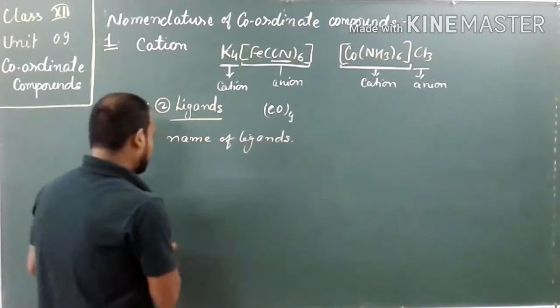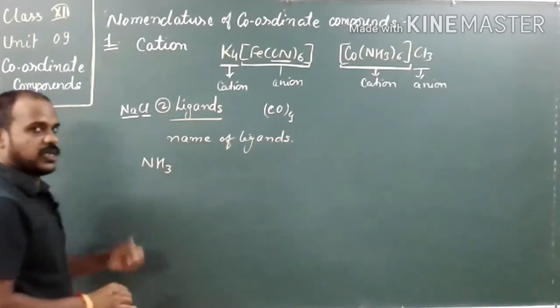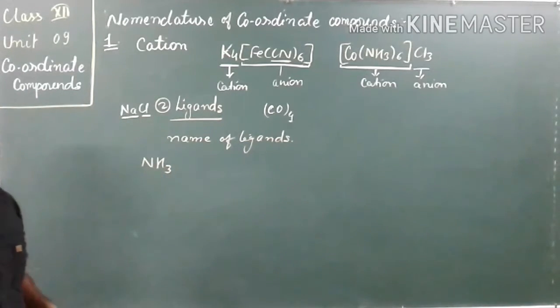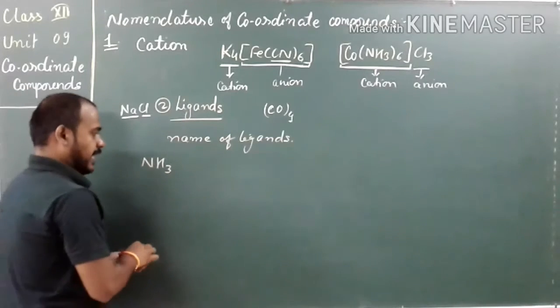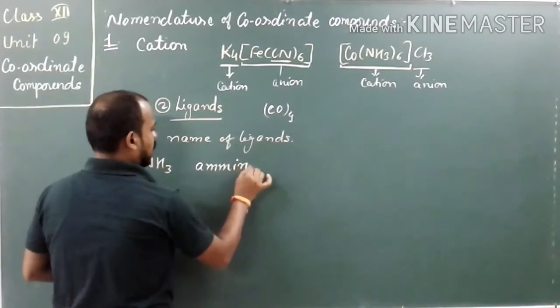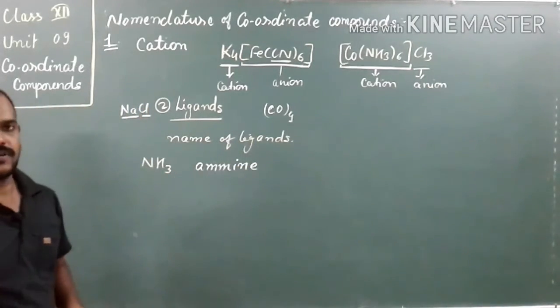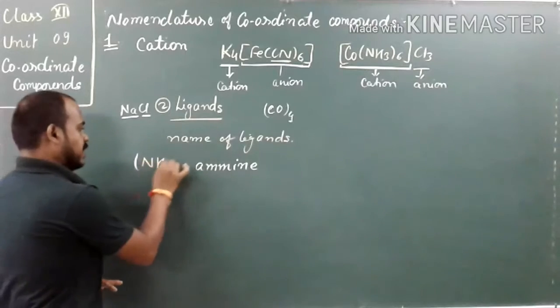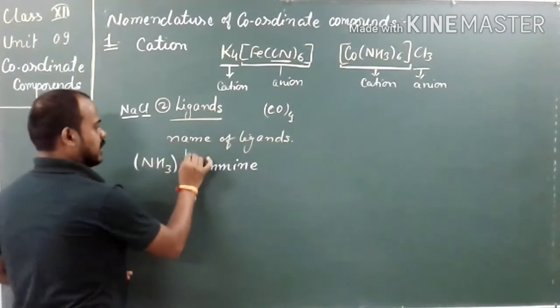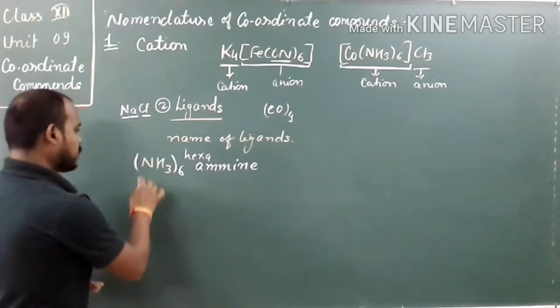For example, if the ligand is NH3, you know in the previous video I listed a number of ligands. There the name of NH3 is ammine. So there will be no change in the name of ammine. If it is six NH3, then the name will be hexaammine.